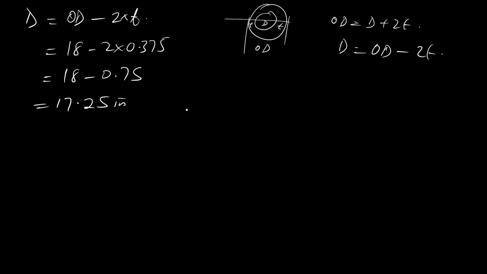Let me check with calculator. So 18 minus 2 times 0.375. So that is it.